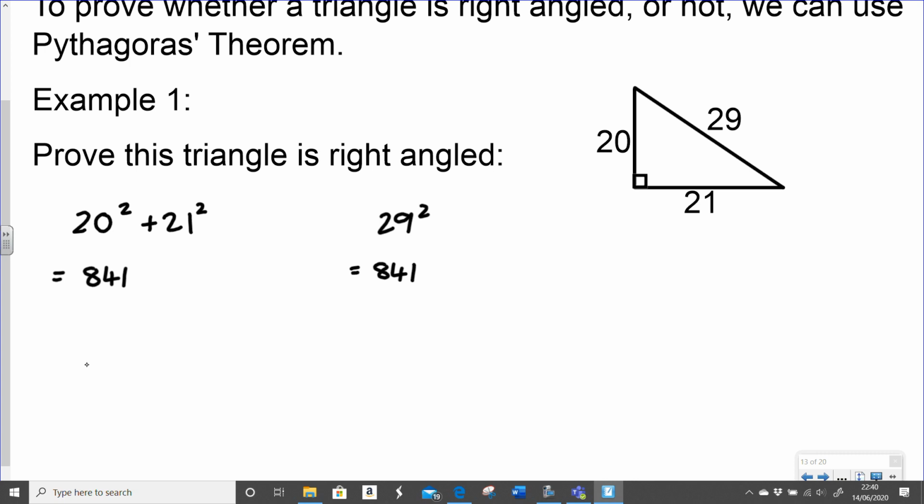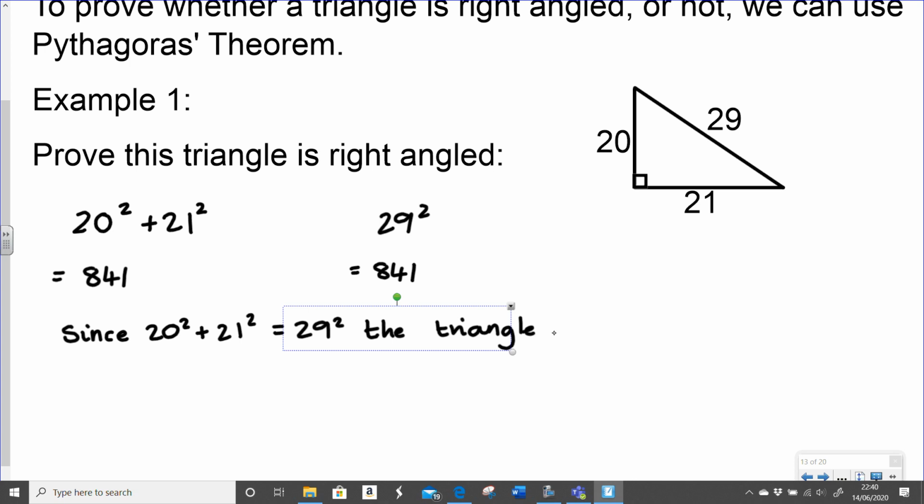Now what is important is the statement that follows. We must write a sentence to confirm this, so we need to say that since the two short sides squared and added together equal the long side squared, the triangle is right-angled, and we have done this using the converse of Pythagoras.